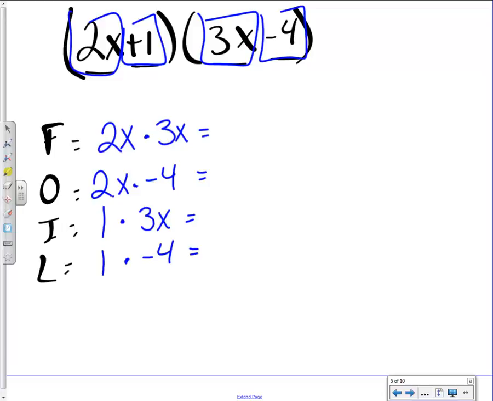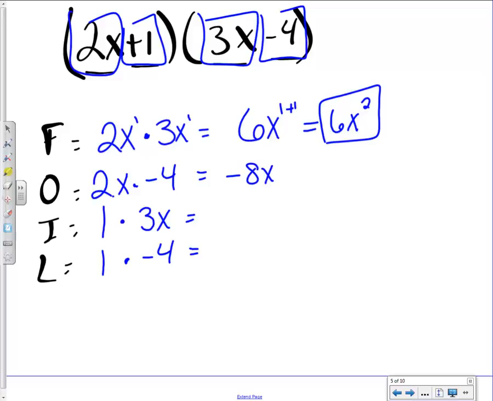All right, so we're multiplying. I start with the F, 2x times 3x. 2 times 3 is 6, x to the first plus 1, right? 1 and 1. It's a multiplication problem. Bring the base over, add the exponents. 6x squared is what I got for that first one. My outer terms, signs are different. The answer is negative. 4 times 2 is 8.